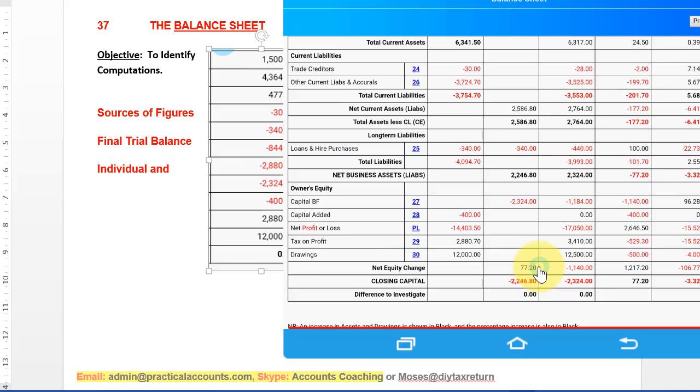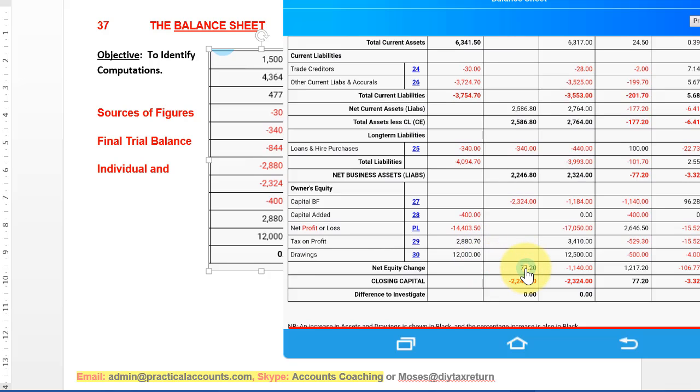Now, apparently, this is because the profit and capital added are smaller than the tax and drawings.